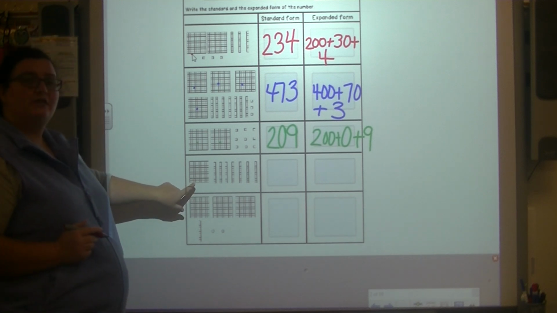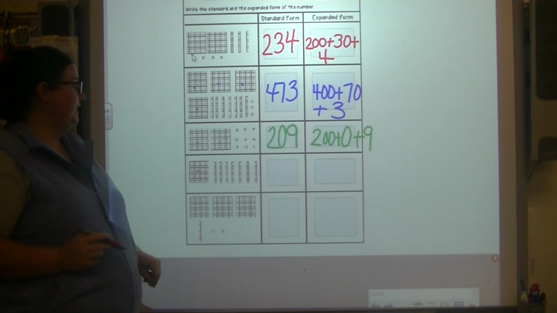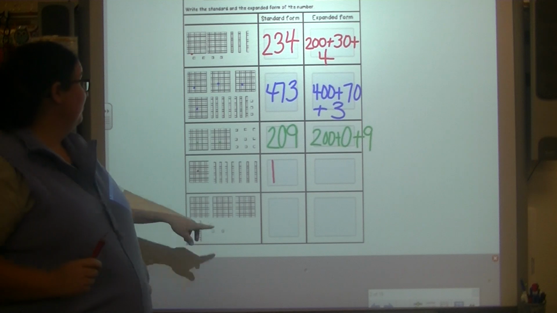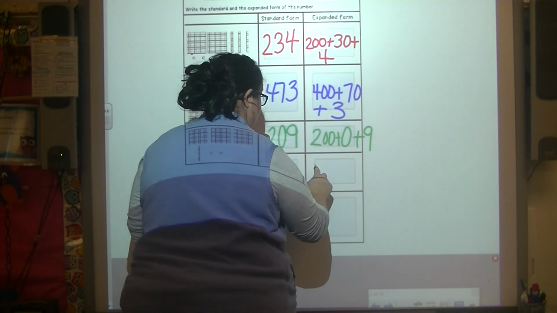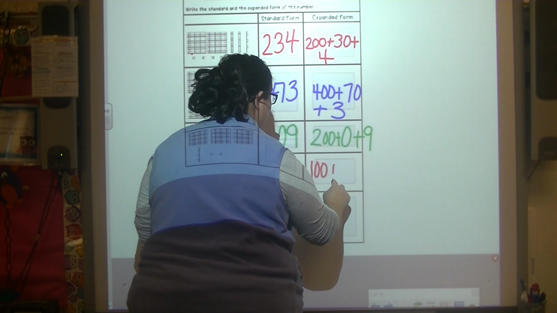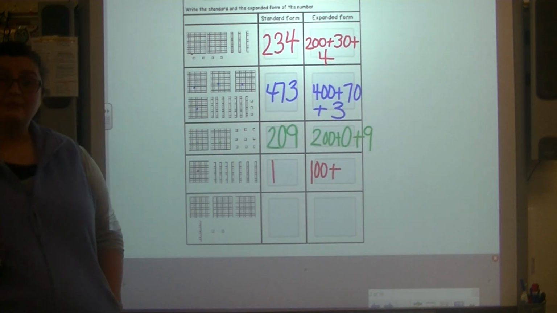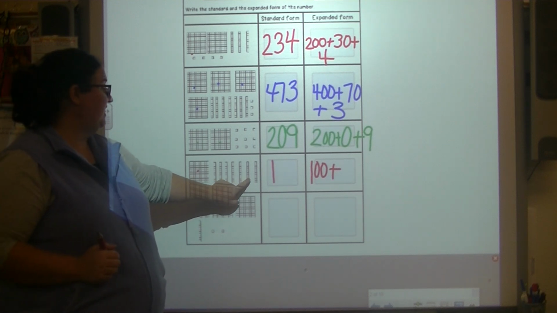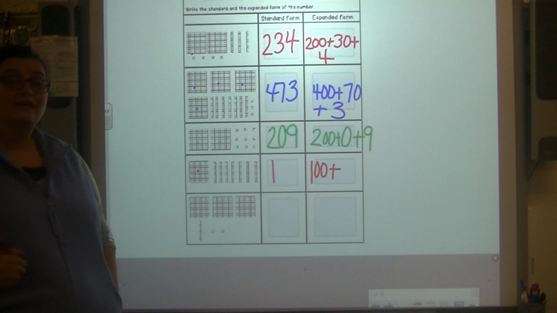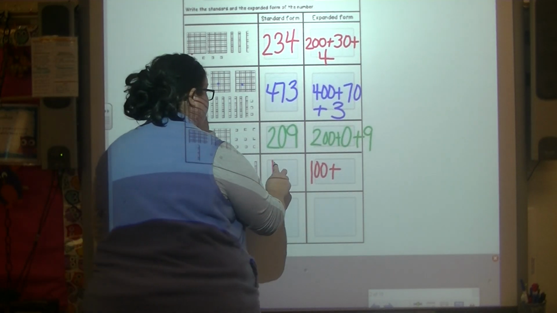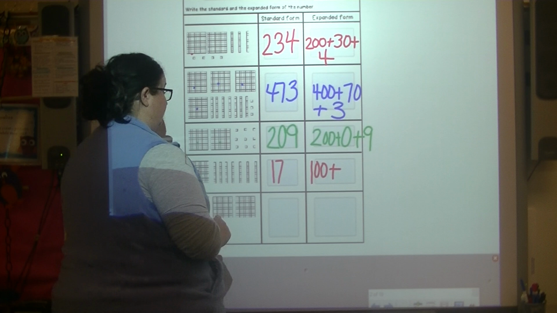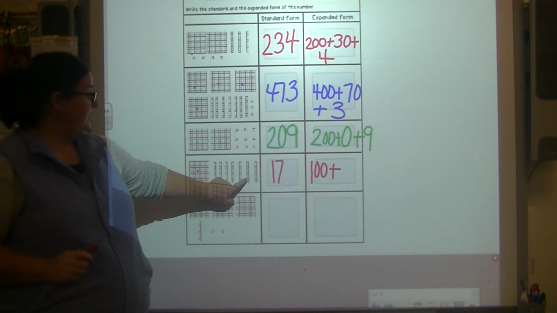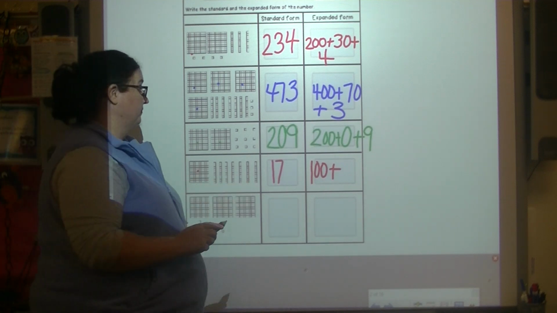How many groups of 100? Yes, 1. So it is worth what? 100. So let me make sure I get this right. 100. Plus, let's see how many tens. 1, 2, 3, 4, 5, 6, 7. 7 tens is worth 10, 20, 30, 40, 50, 60, 70.